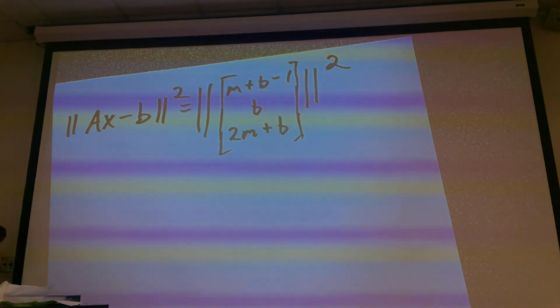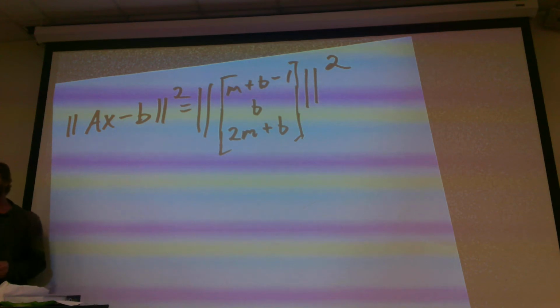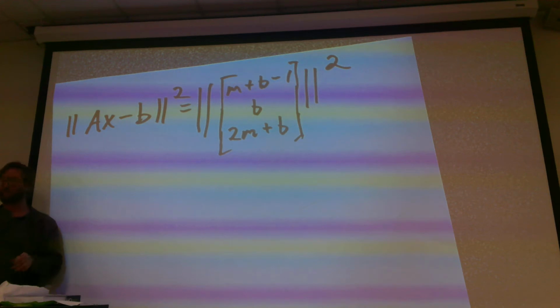Remember that whenever we were talking magnitude involving vectors, it's the square root of the sum of the squares. You can think of it as the Pythagorean theorem in higher order: the square root of a squared plus b squared plus c squared. But when we square it, we're getting rid of the square root.